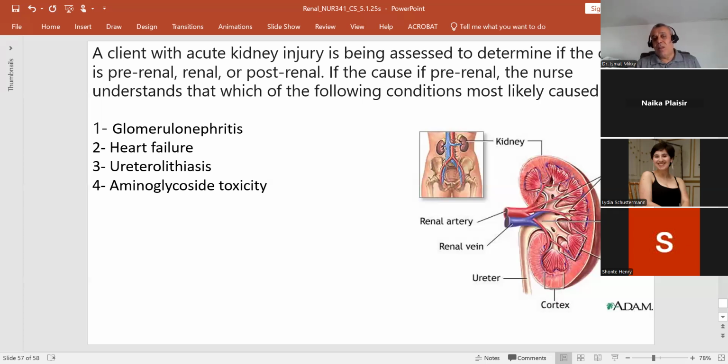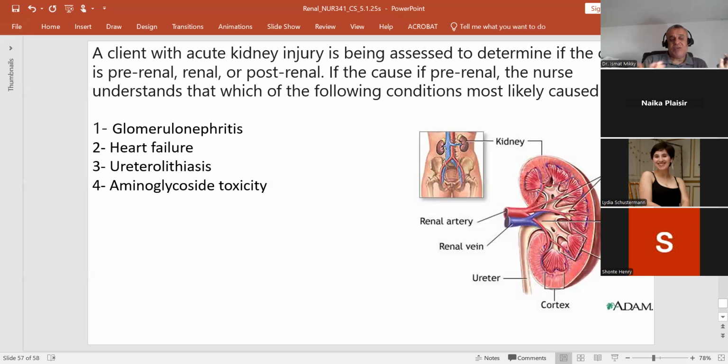For pre-renal, that would be before it even gets to the kidney. So would that be like heart failure? Which means it's not just the organ, it's more of the mechanism. Pre-renal has to do with the perfusion to the kidney, the blood flow to the kidney.